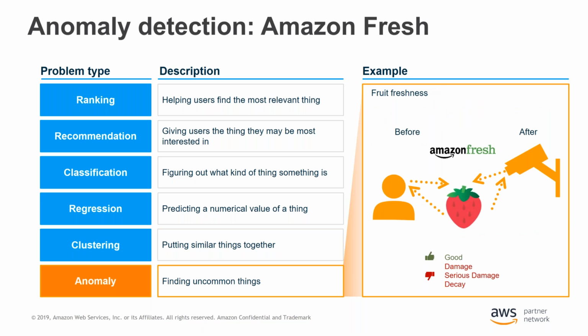Last but not least is finding uncommon things. And this is a critical element in making your recommendations, making sure that they have a broad appeal. Amazon Fresh uses machine learning to detect the freshness in fruits. This is a good example of just doing a simple classification based on computer vision.